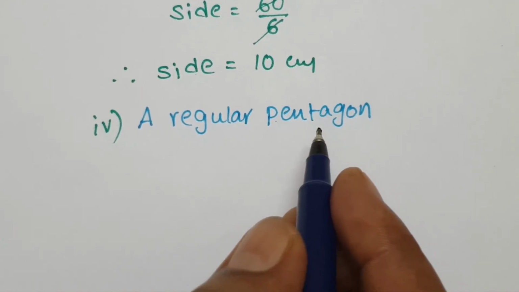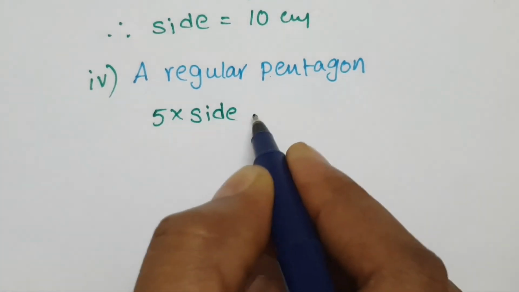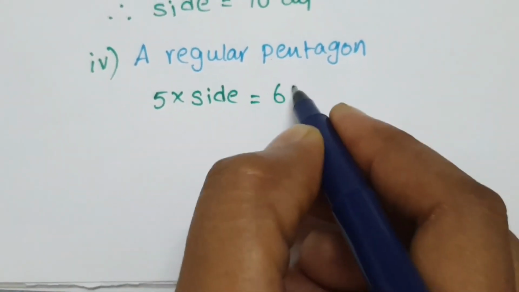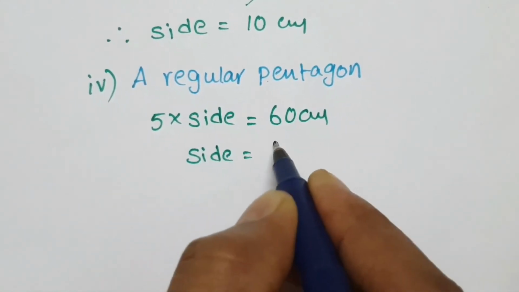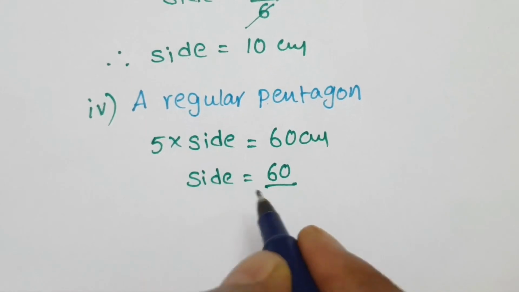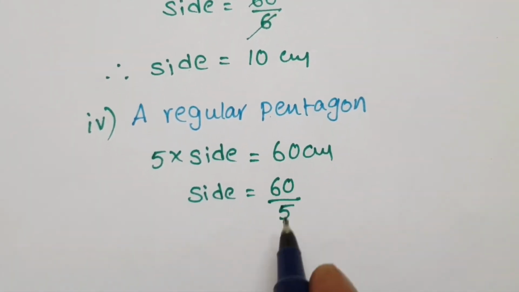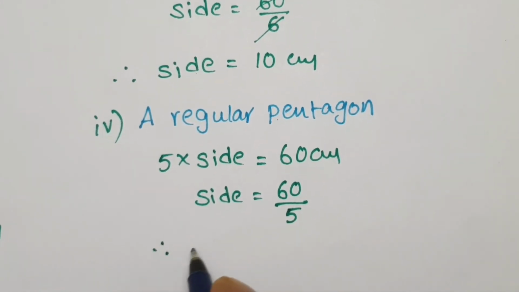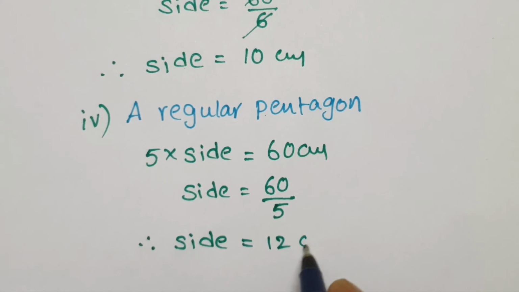Pentagon having 5 sides. 5 into side equal to 60 they given. Side equal to 60 by 5. Do cancellation, 5 twelves are 60. Therefore, side of regular pentagon equal to 12.